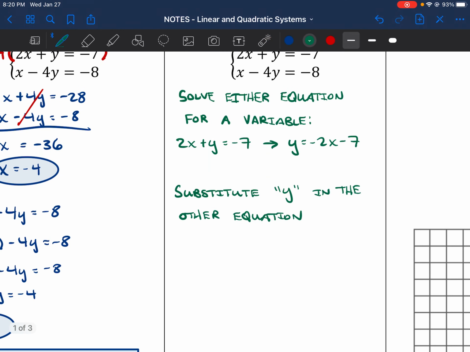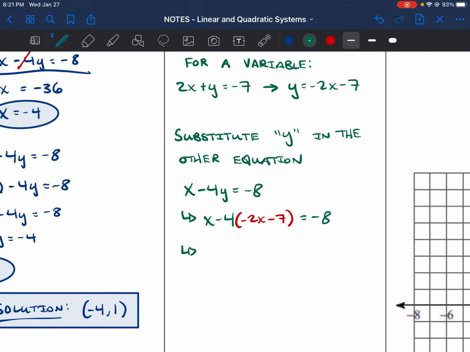So we'll have x minus 4y equals negative 8. This is going to give us x minus 4. Here we're going to replace the y with negative 2x minus 7. So negative 4 times negative 2x minus 7 equals negative 8.